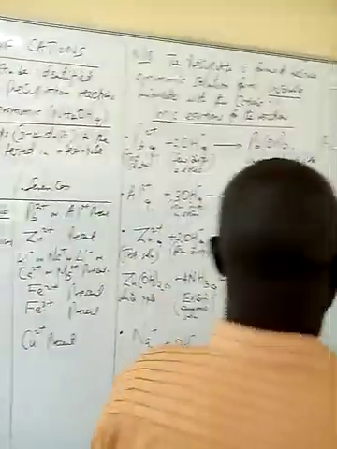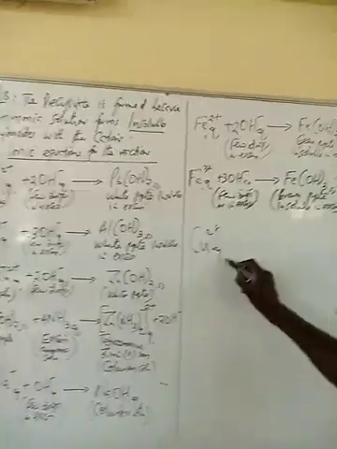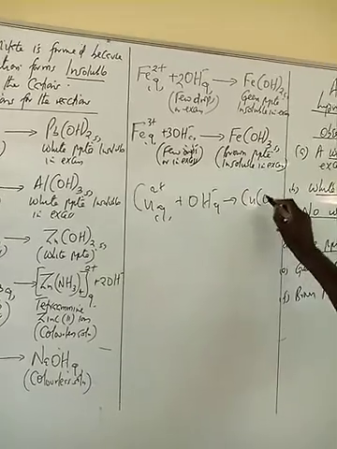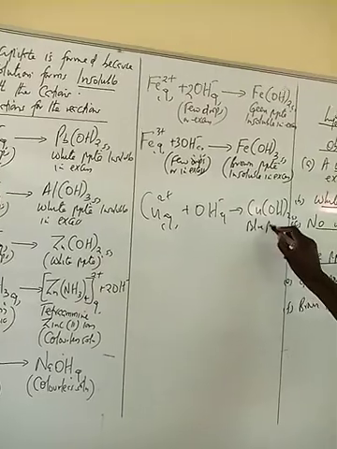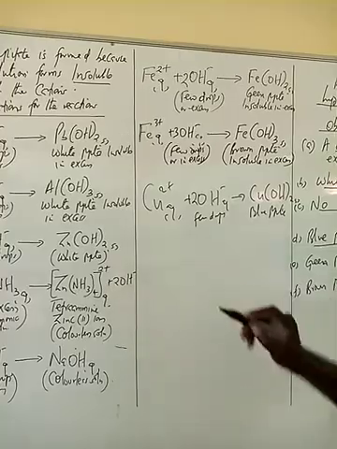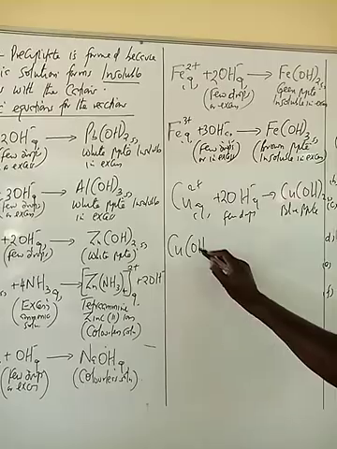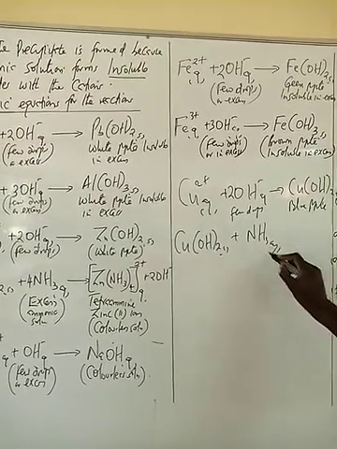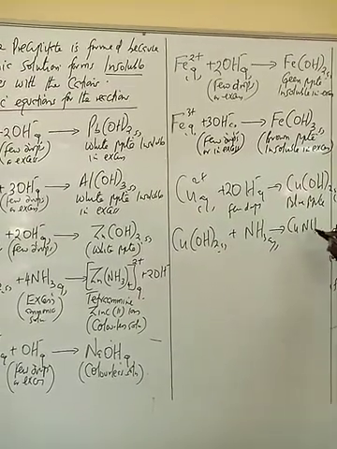So the reaction will be as follows. The copper in the test solution will react with hydroxide ion to form copper 2 hydroxide, which is a blue precipitate. This is few drops. Then excess, the blue precipitate will react with excess ammonia to form a compound called tetraamine.